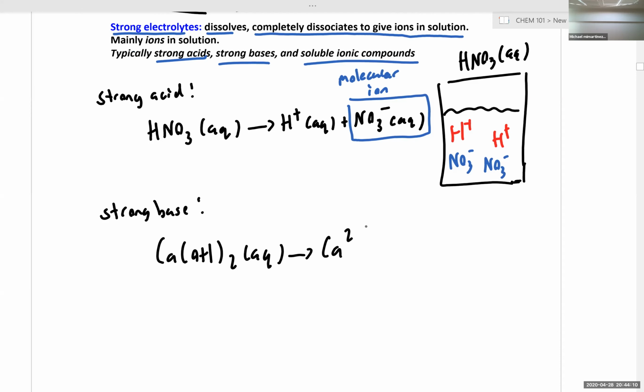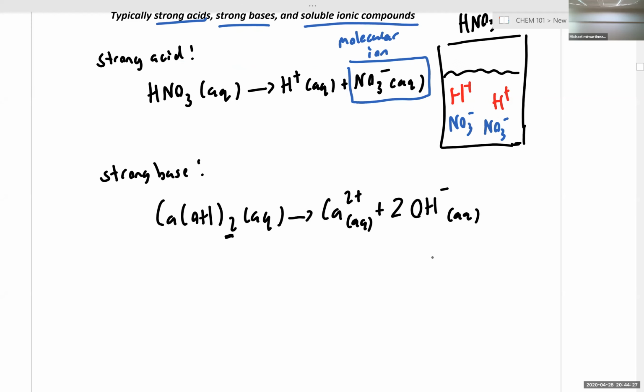So we break it down into calcium 2+, and how many hydroxides do we generate? How many hydroxides do we generate? 2 from the chemical formula. Don't forget these little details because they matter a lot. Okay, so if we're drawing a picture, let's draw our picture down here.